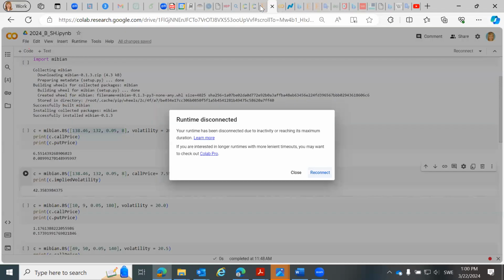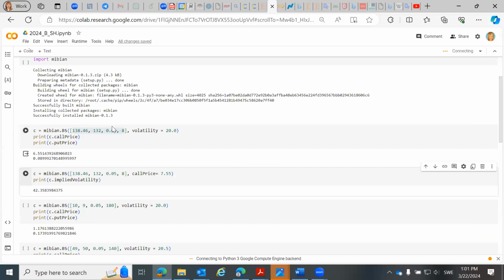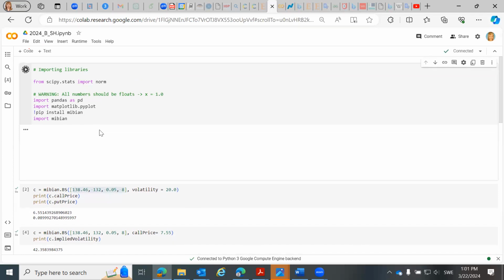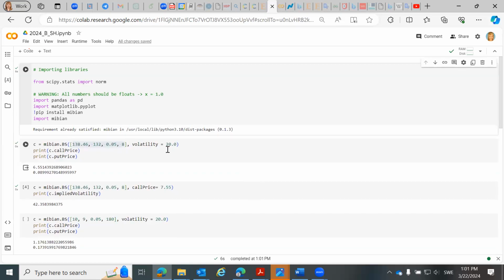After that, we go to Python. We import libraries, and we installed Median. Maybe I've already showed this. So in this example, the price today was 138.